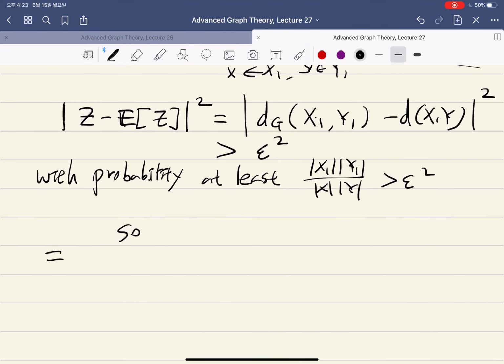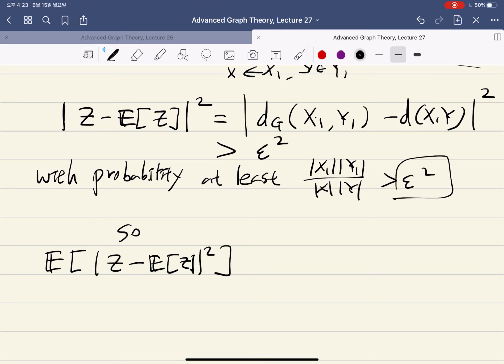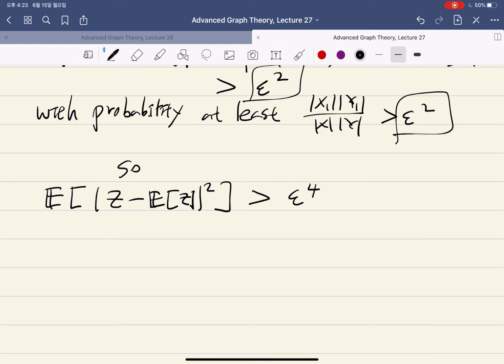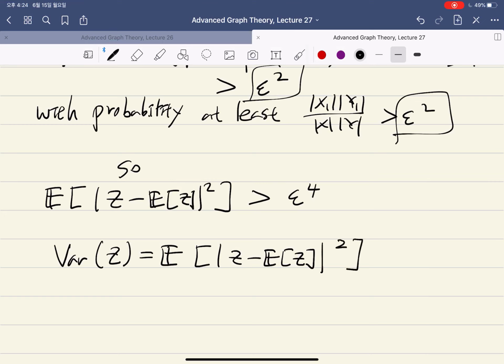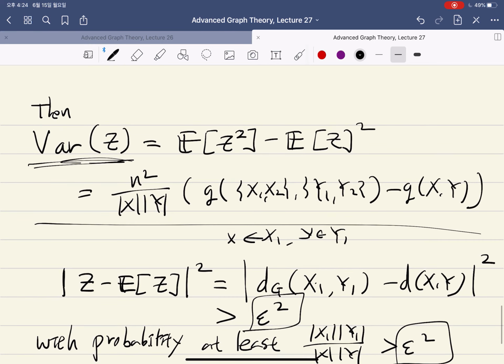So if you take the expectation of this, g minus the expectation of g, squared, this is always non-negative. And then with probability this much, it takes this. So this is bigger than epsilon to the 4. So the variance of g, the expectation of g minus expectation of g, squared, is at least epsilon to the 4.